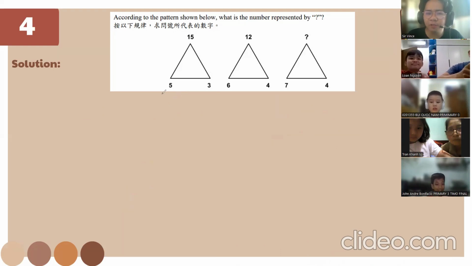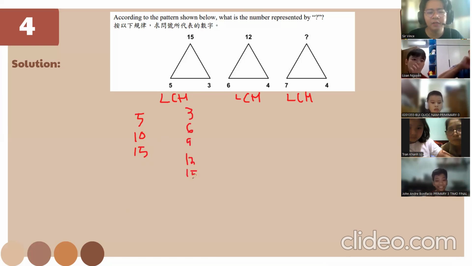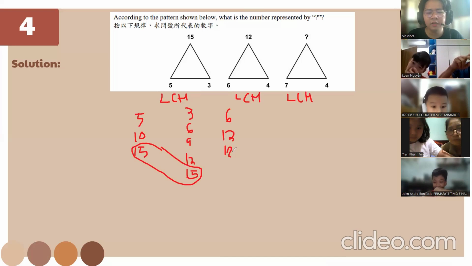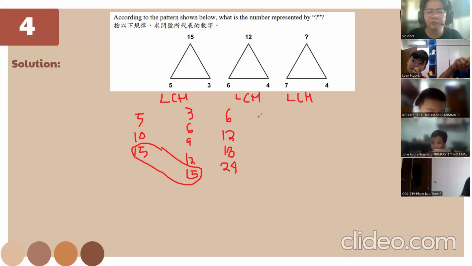We need to find the least common multiple here. So we have 3, 6, 9, 12, and 15. Then 6, 12, 18, and 24. Again, for 4, it's 4, 8, 12, 16, 20, and 24.